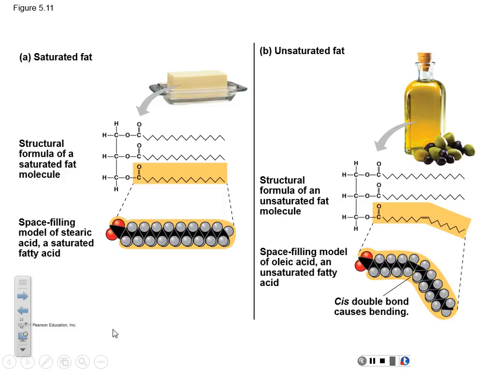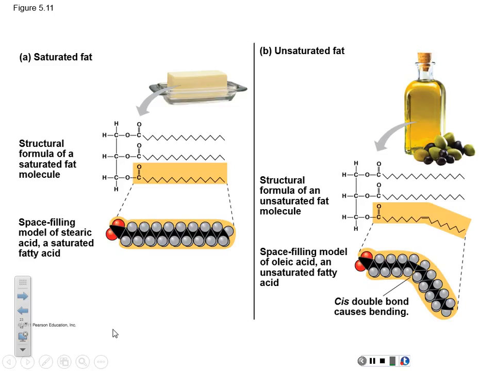For a saturated fat, every carbon in the chain is associated with 2 hydrogens. It's saturated with hydrogens. On the labels for food and such, they dropped off the "with hydrogens" part. It's just saturated, but it's saturated with hydrogens.